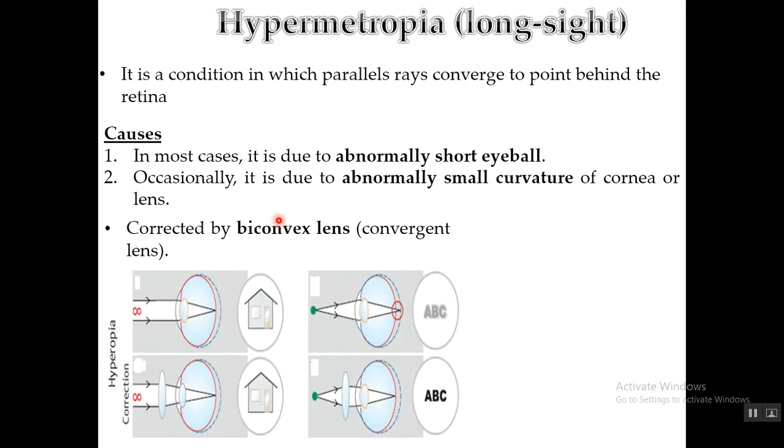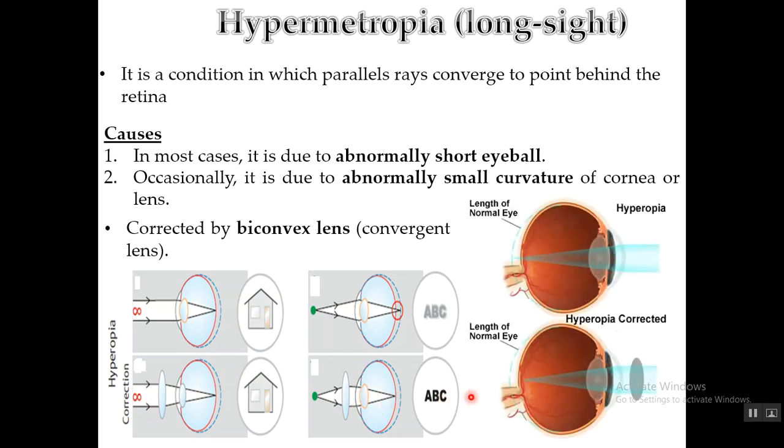It is corrected by a convex lens or convergent lens or plus lenses. He cannot see the near object like this, okay, but sees well the far object, and is corrected by a convex lens, or positive lenses. Okay, this is the way for correction.